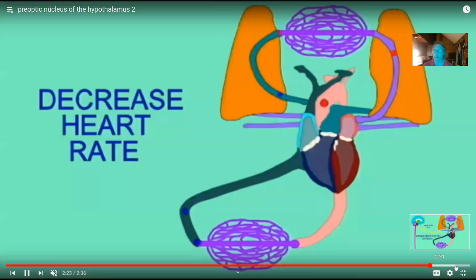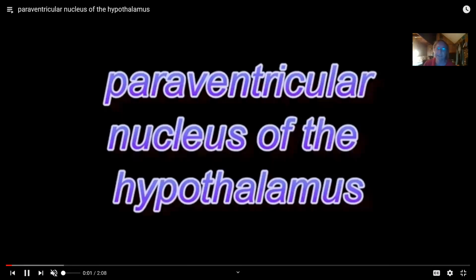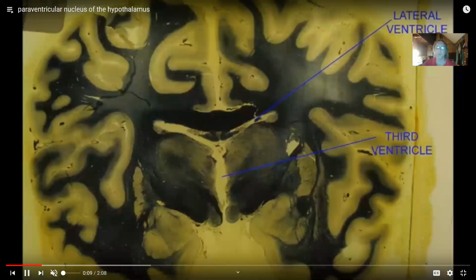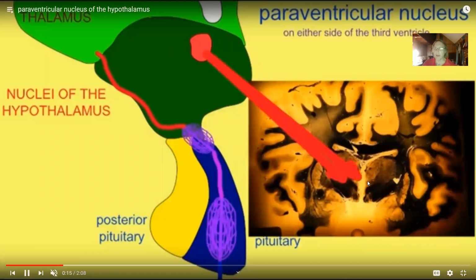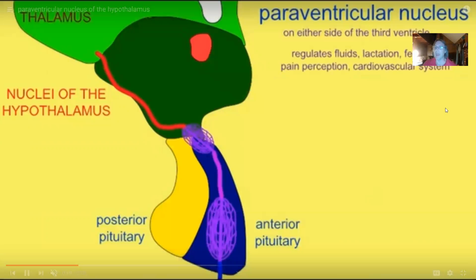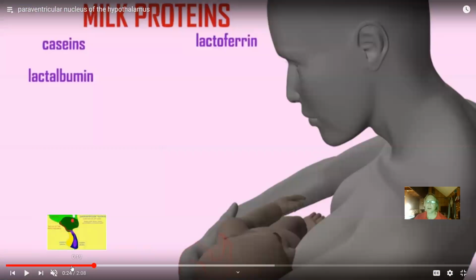We can control blood pressure and heart rate, and so not only are there specific nuclei within the hypothalamus, there can be subnuclei within that preoptic nucleus, each of which does a specific task. And so, once again, there's this incredible organization of the nervous system in general, and we see that not only in that there are nuclei, but then also subnuclei.